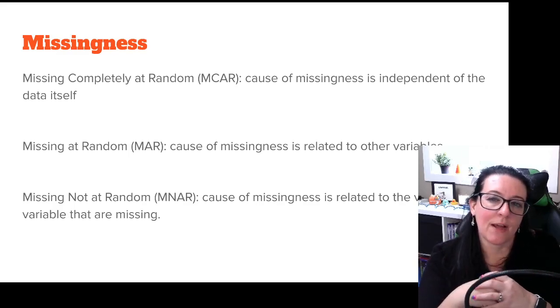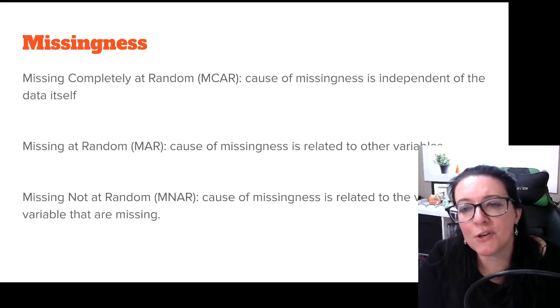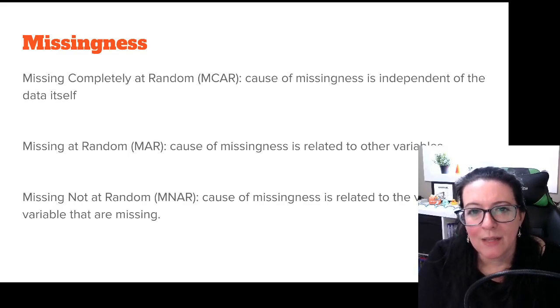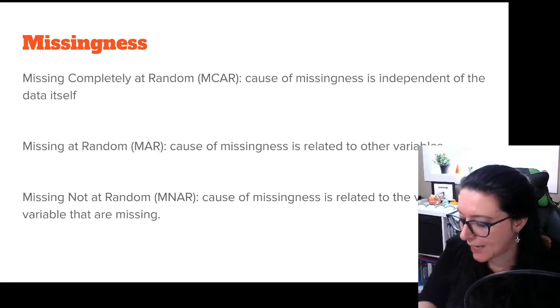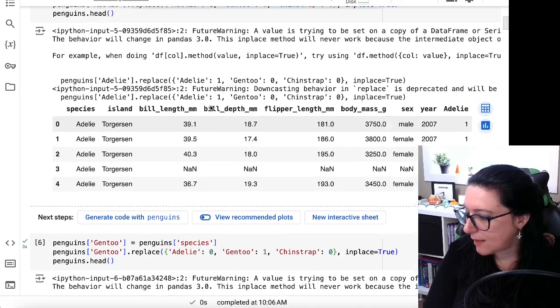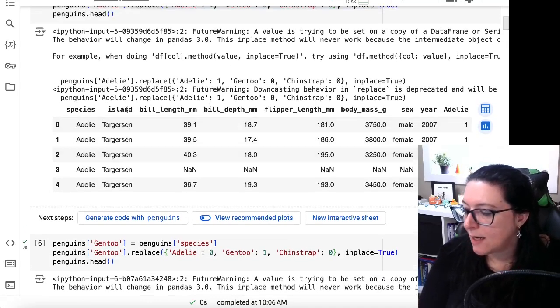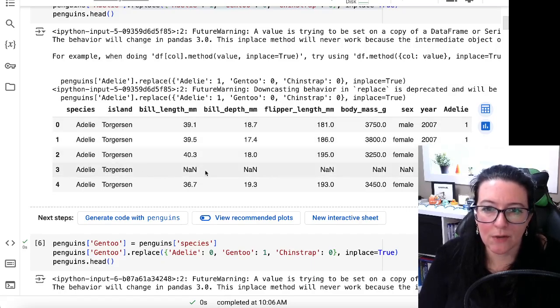First, we need to identify the type of missingness that we have. The first type of missingness is what is called missing completely at random. This is a cause of missingness that's completely independent of the data. So if I go back to our data set here, let's say we're missing this particular penguin's information.